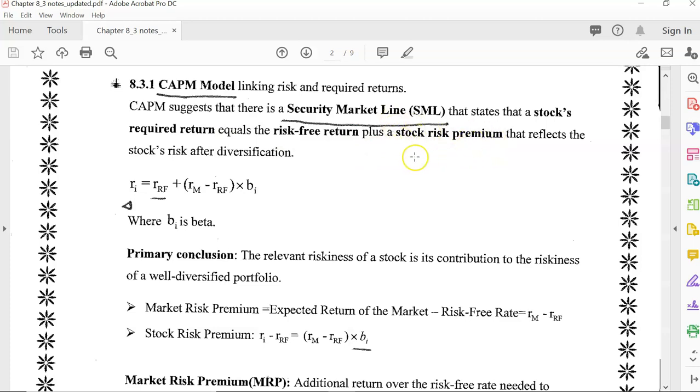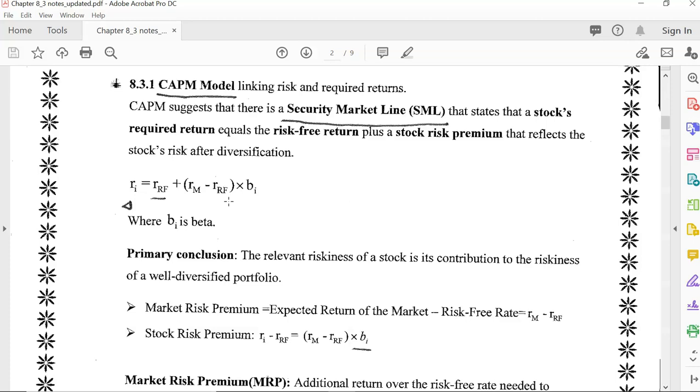So we use RI to stand for the return of stock I, and we use RRF, the same thing we used for the bond return formula, as the risk-free return. And we add the stock risk premium. The key thing here is how we can measure the stock risk premium.